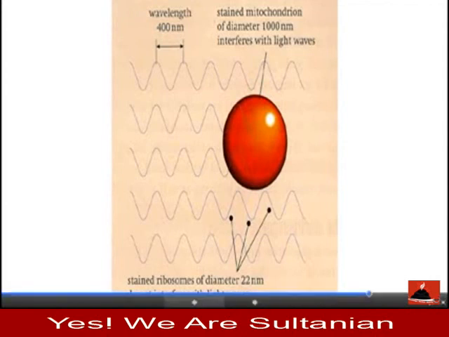However, if you look at these little black dots, these ribosomes, they're only 22 nanometers, so they're a lot smaller than the wavelength of the light that's passing by them, and that makes them impossible to see as separate, distinct from their neighboring surrounding points. They're just going to appear as a blur into their surroundings.